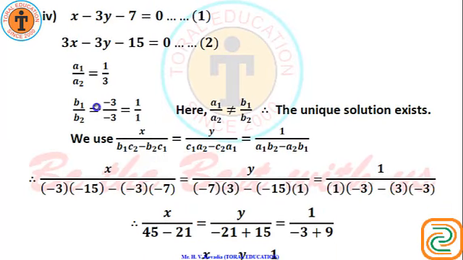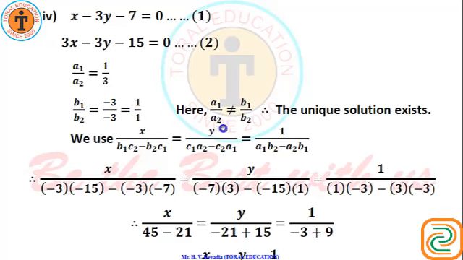Question number 1, part 4. x minus 3y minus 7 equals 0 is equation 1, and 3x minus 3y minus 15 equals 0 is equation 2. Here a1 upon a2 is 1 upon 3, b1 upon b2 is 1 upon 1.